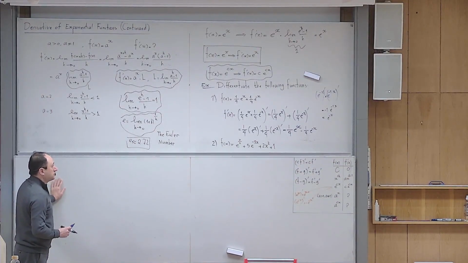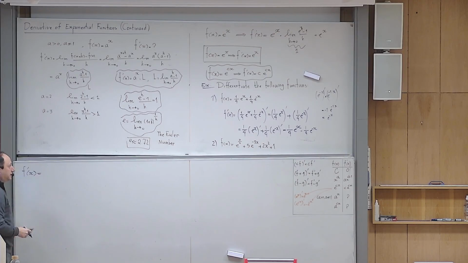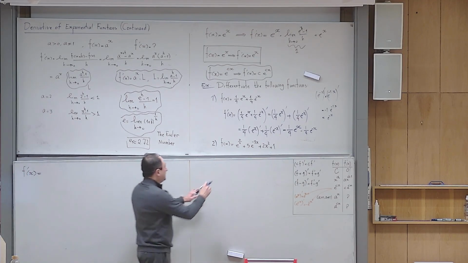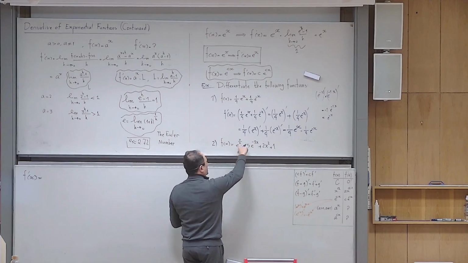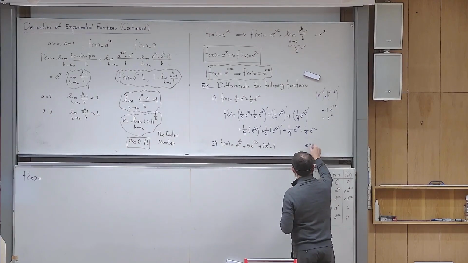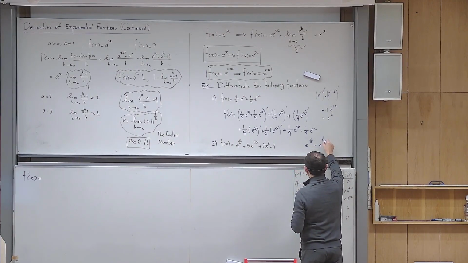So if you want to differentiate this function, the derivative becomes equal to, okay, the derivative of the first one. How should I interpret e^(x/2)? e^(x/2) means e to the power 1/2 times x.